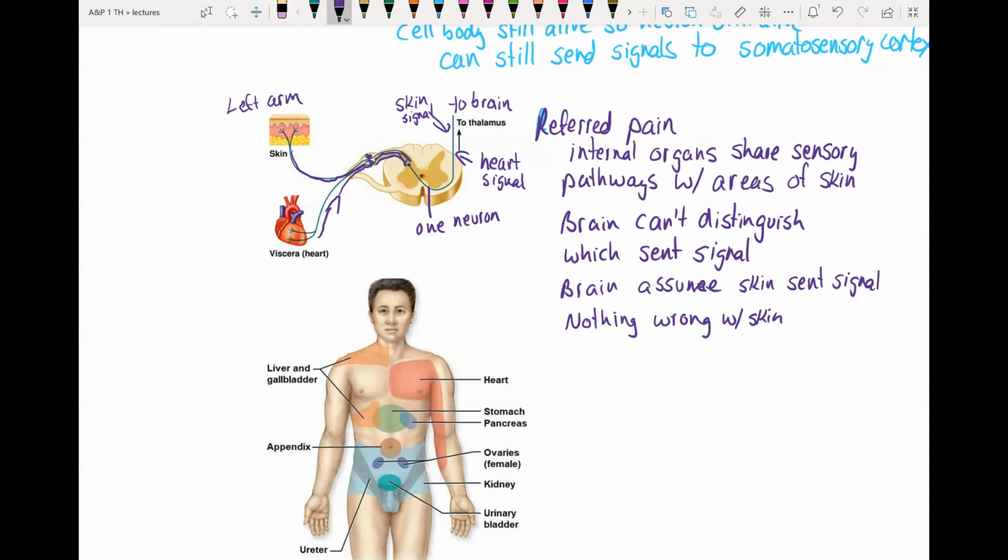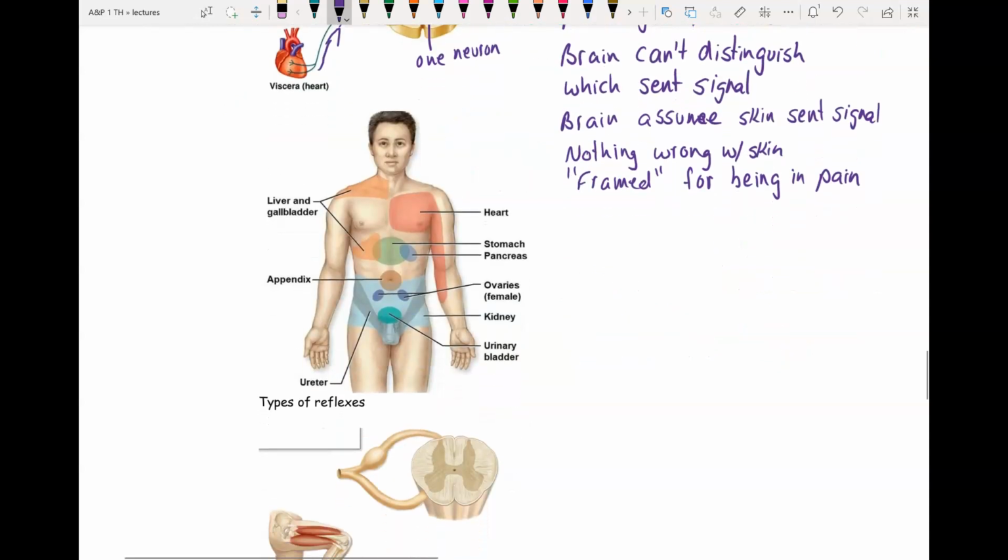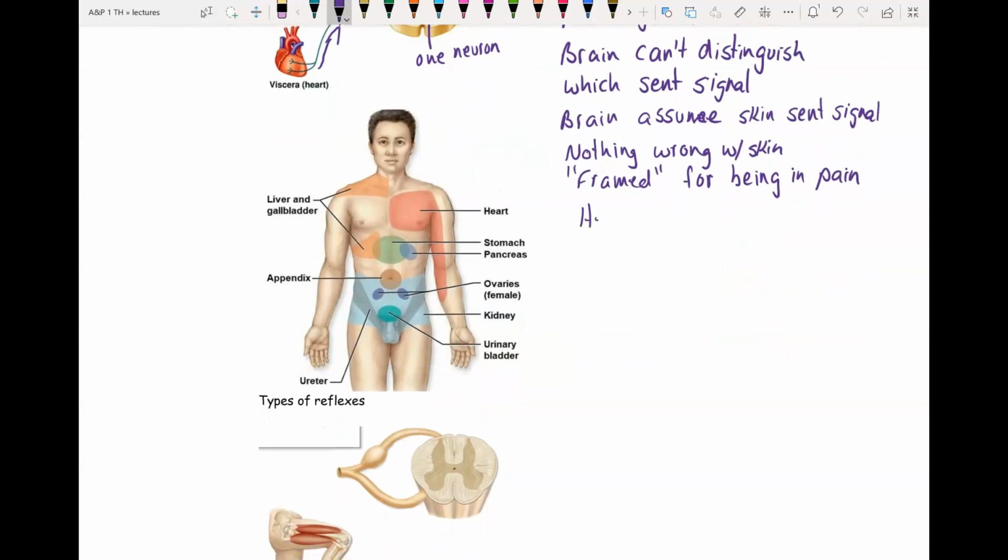It is kind of falsely accused of being in pain, or it's been framed. But knowing this is helpful to diagnosing problems.